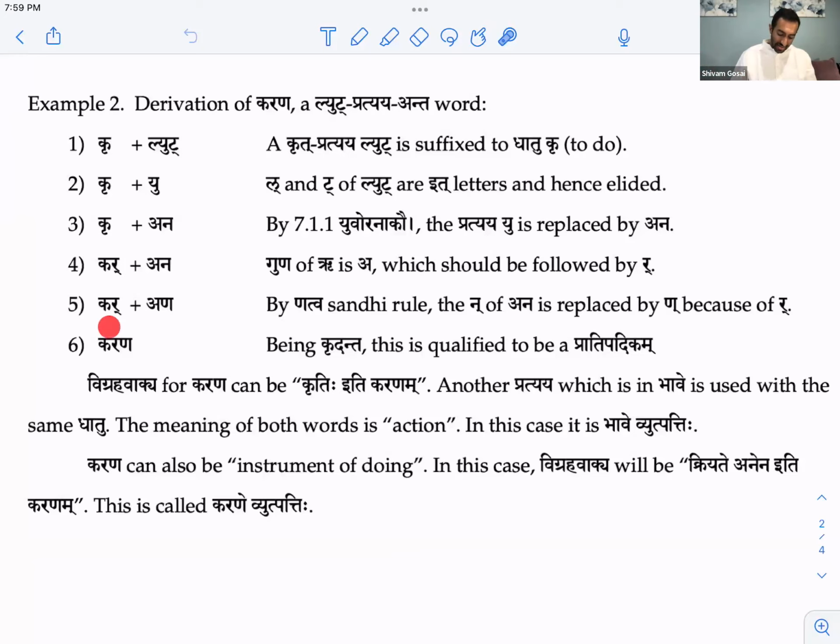Now, there's a rakara. If the na is preceded by rakara or shakara, then that na can become murdhanya nakara, natva sandhi, right? So the na of ana is replaced by na because of this repha, rakara. Now the word, just adding them together, is karana.